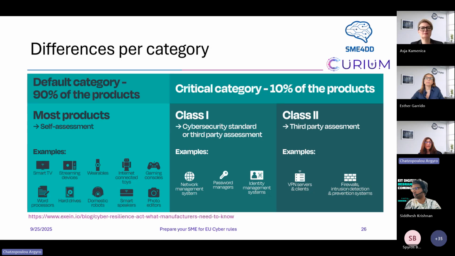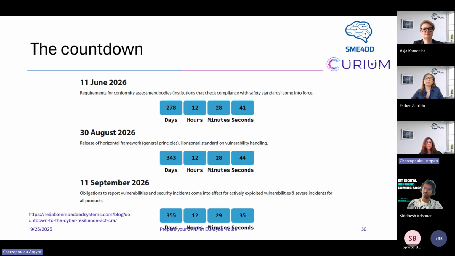So we have the different categories, we have the different products, and this is the final countdown to the requirements and the different stages that will lead us to 2027, when all products with digital elements should be compliant. You can see it in the slides when we distribute them, and you will see that there are several steps that need to be implemented.